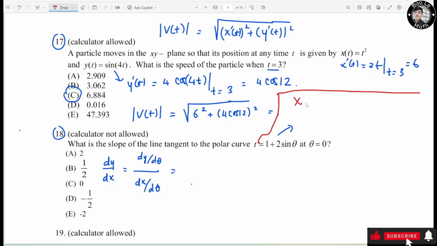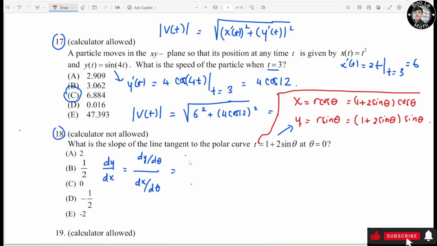We have x equals r cosine theta, but r equals this one, so it would be 1 plus 2 sine theta times cosine theta, right? y equals r sine theta, so then it's going to be 1 plus 2 sine theta times sine theta, right?